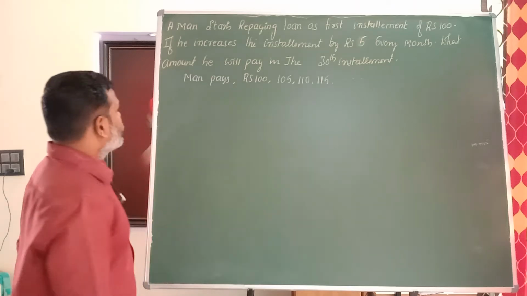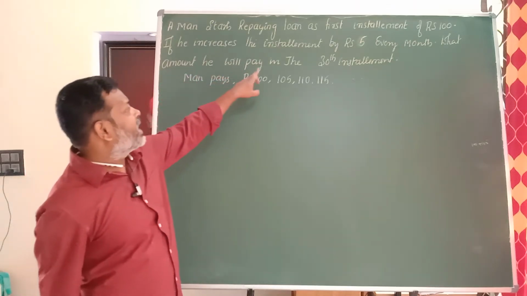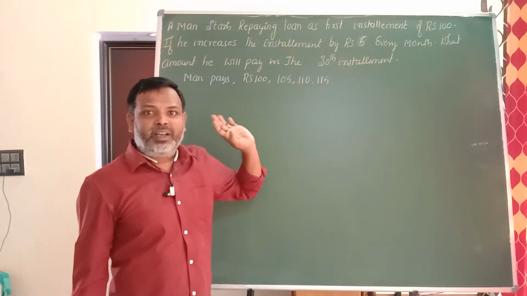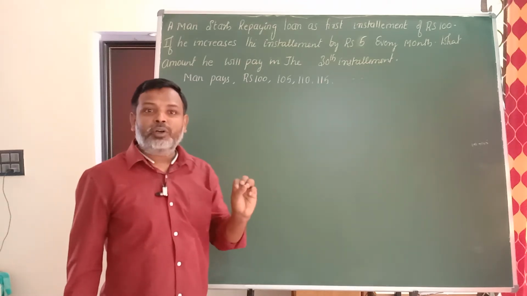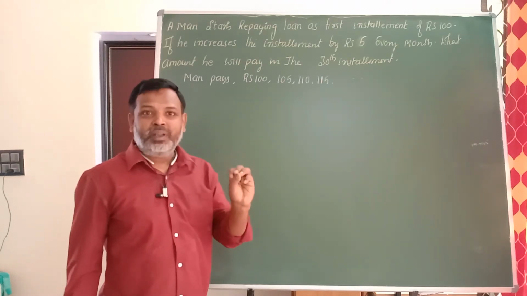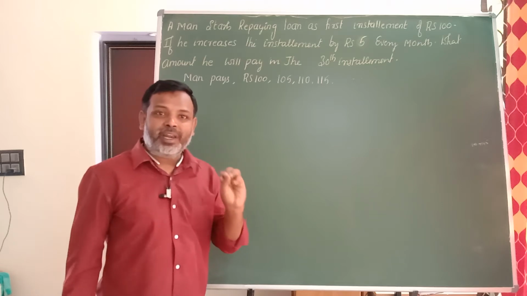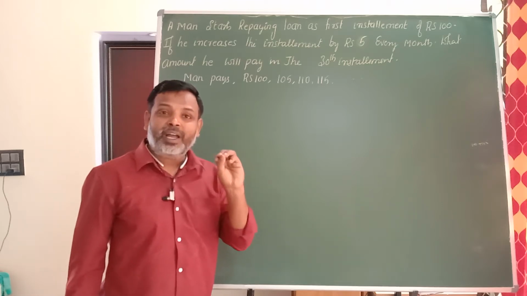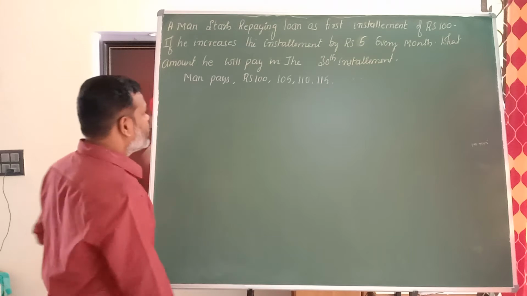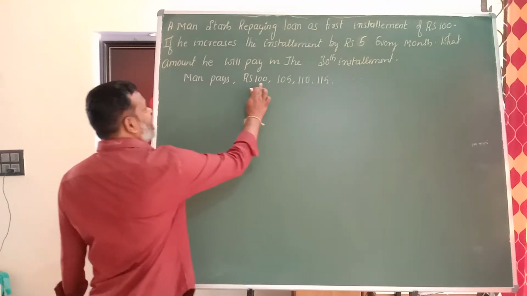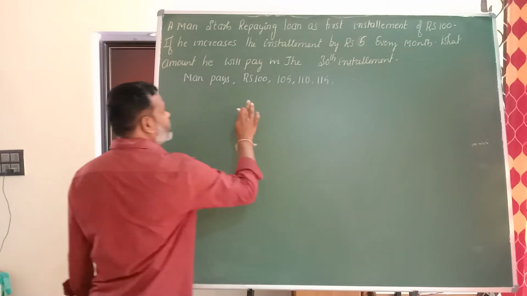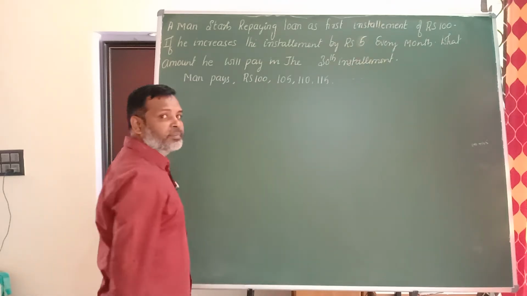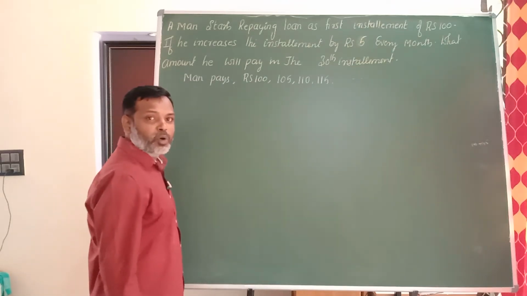Now the question is, what amount will he pay in the 30th installment? At the 30th month, what amount should he pay by increasing the installment by Rs 5 every month? In this data 100, 105, 110, 115, there is a common difference of 5. Therefore these installments form an arithmetic progression.